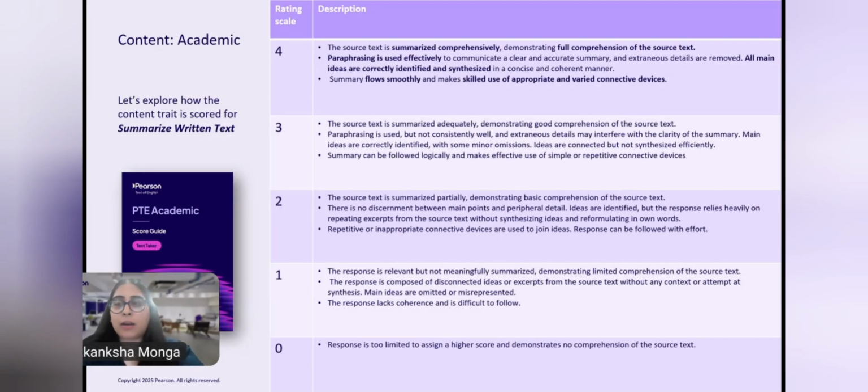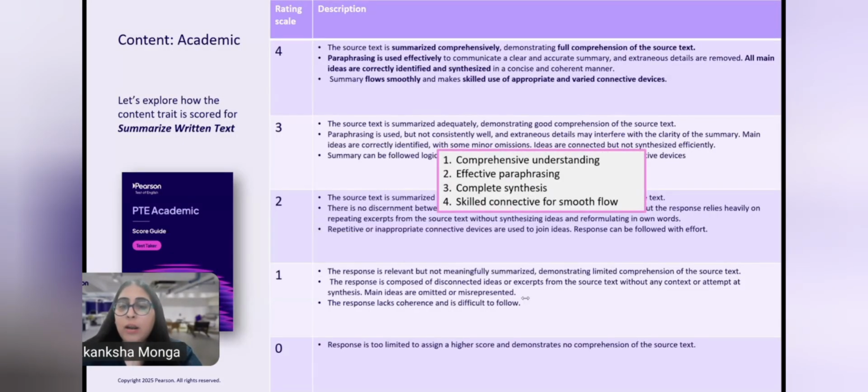It's not easily understandable. At a 3, you will see that a lot of new things have now come into the scoring scale as part of the traits. The source text is now summarized adequately, which means it's not completely summarized very well, but it's not incorrect either, or it's not partial.